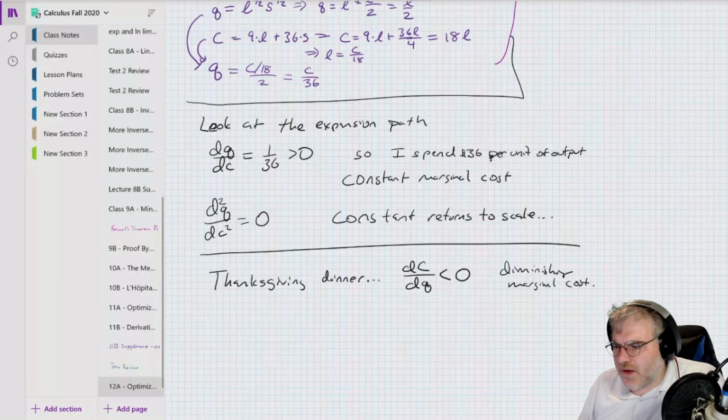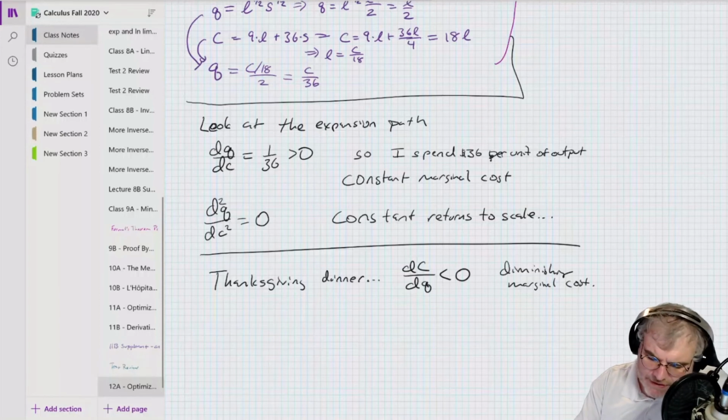So what do I mean by that? Well, it's just me going for Thanksgiving dinner. All right? So people, total cost, marginal cost.